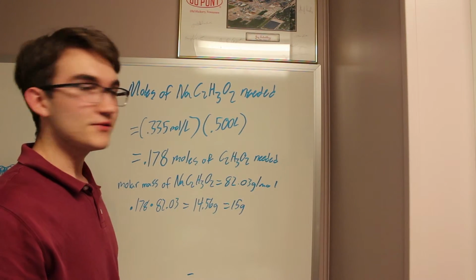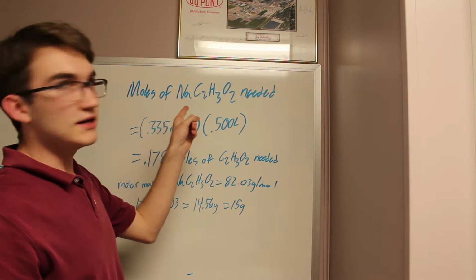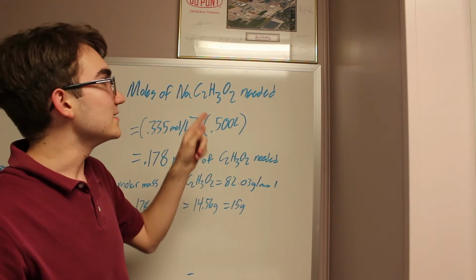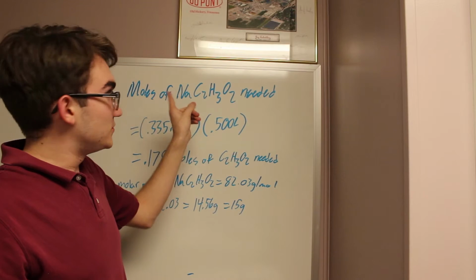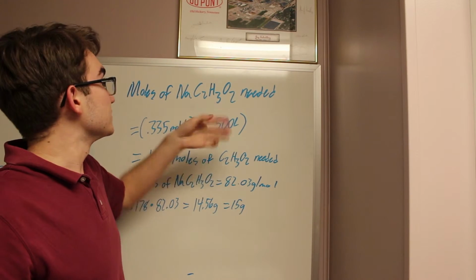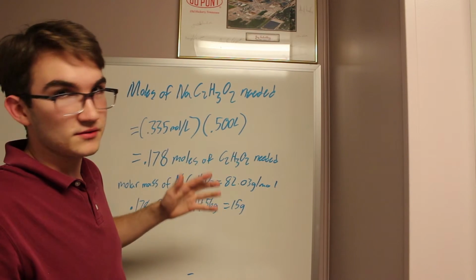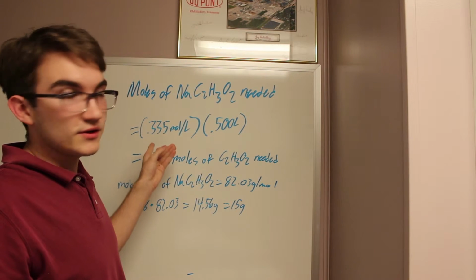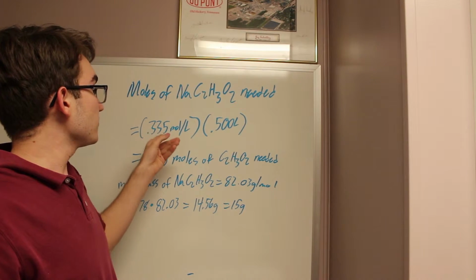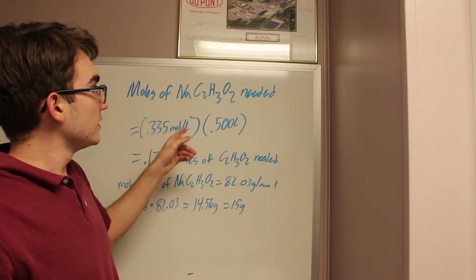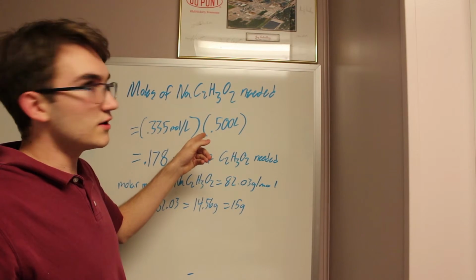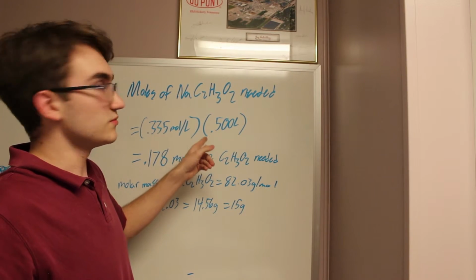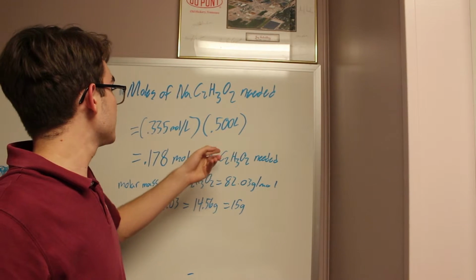Alright, to figure out the moles of NaC2H3O2, or sodium acetate, needed, or rather, just acetate, because the sodium is irrelevant in creating the buffer, we can use our calculated concentration, 0.335 moles per liter, times the liters of the acetic acid in the solution, which is 0.5 in this case.